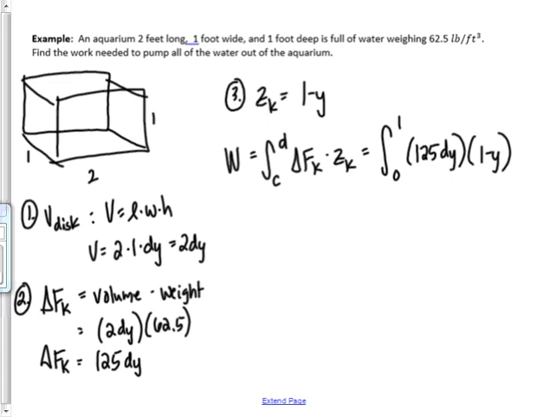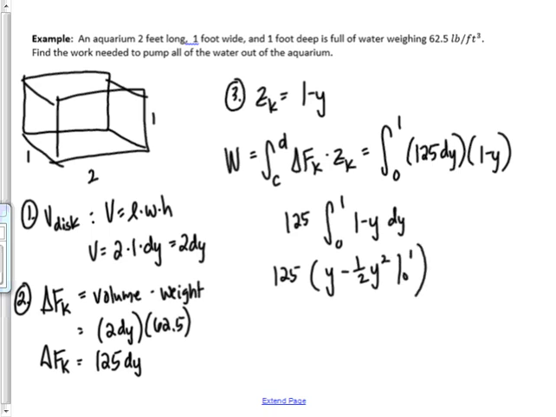To make the math easier, I'm going to pull that 125 out and integrate from 0 to 1 of 1 minus y dy. That's 125 times y minus 1/2 y squared, going from 0 to 1. That's 125 times 1/2, which equals 62.5 foot-pounds.